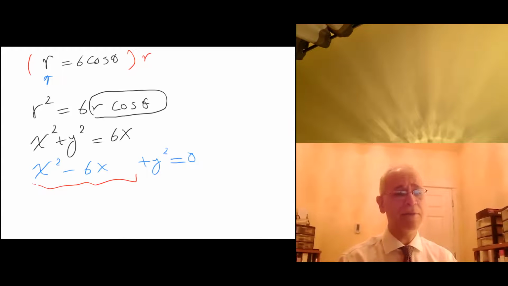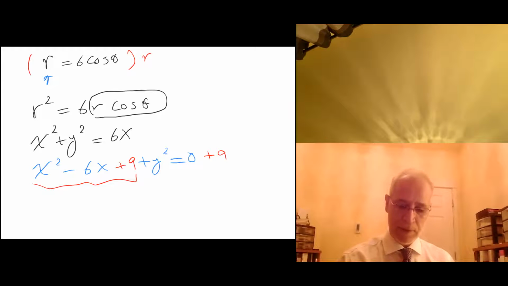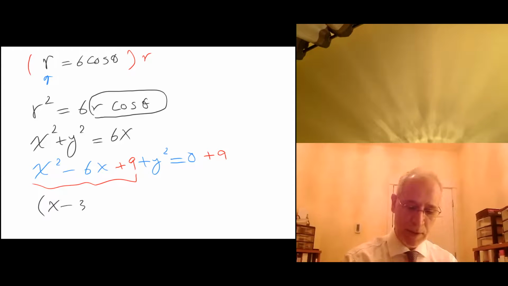Half of 6 is 3, and 3 to the second power is 9. So I need a positive 9 in here, and I'm going to add 9 to the other side. So this becomes x minus 3 quantity squared plus y squared equals 9.